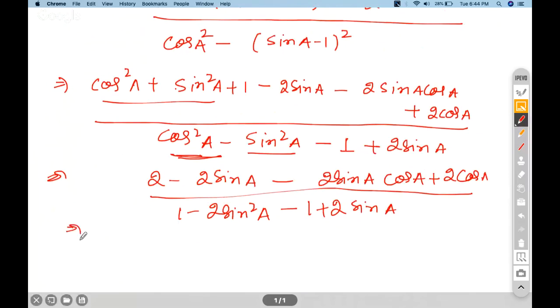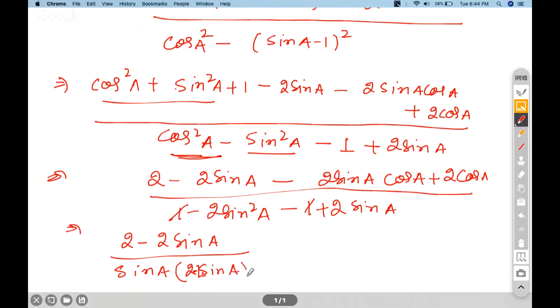So look at here. Now I can prove this. So what I'll do is I'll take this and this gone. So I'll take 2 minus 2 sine A, and here I'll take sine A common. So this denominator will give me 2 minus 2 sine A here also.